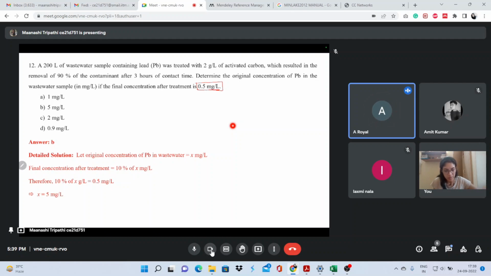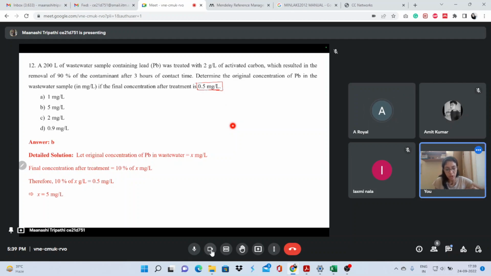So from this, 200 into 2 is right. But some amount of lead is remaining in the water, which is untreated. So do we take that into consideration or just leave that out?